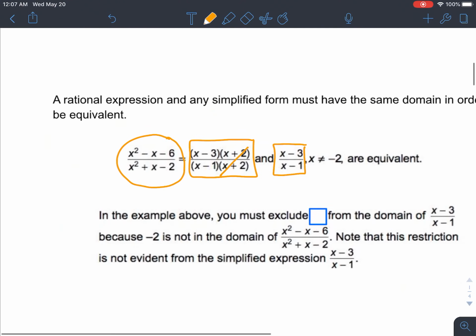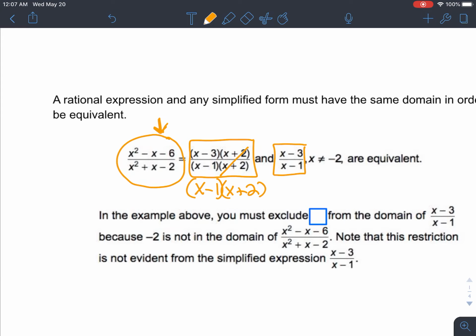However, in the first original problem, the bottom factored to be x minus 1 and x plus 2. And we learned in the last section that even if this factor cancels, x still can't be negative 2. It's still not part of the domain.